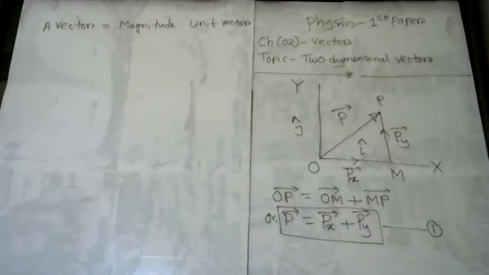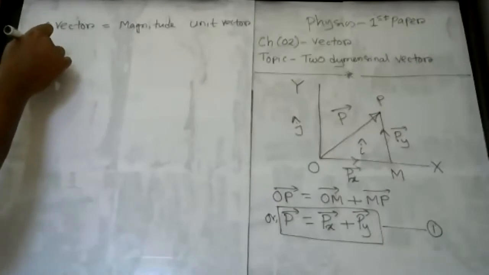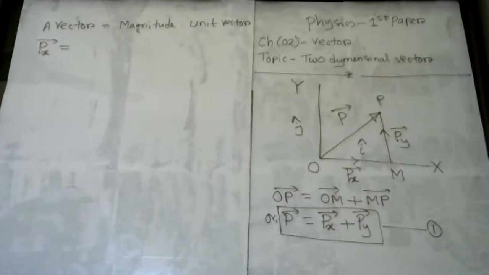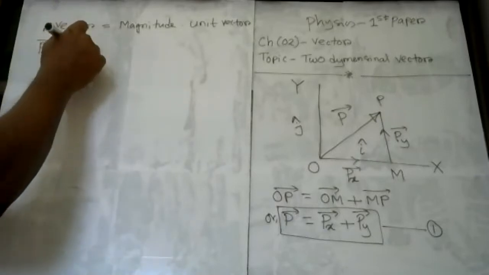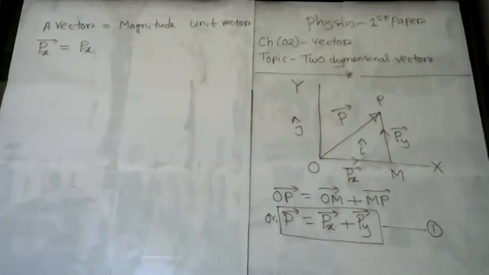Now if I want to find out Px, having a vector sign, how can I find out Px? This Px equals its magnitude into a unit vector that is acting along the x-axis.